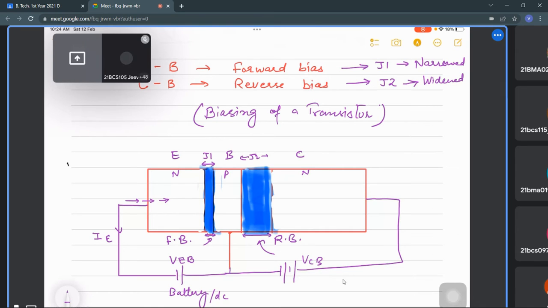Okay, so electrons are coming from this battery into the emitter. So in the emitter, there is a large concentration of the electrons.